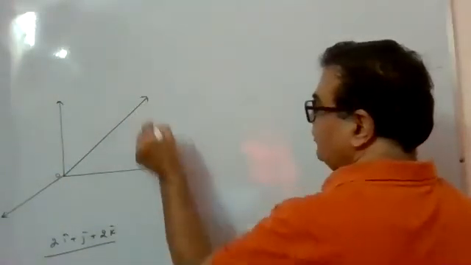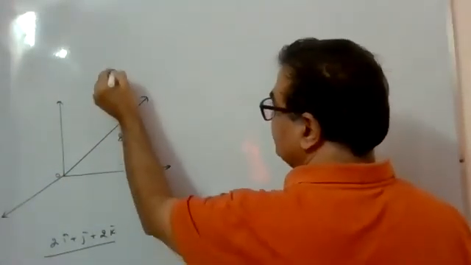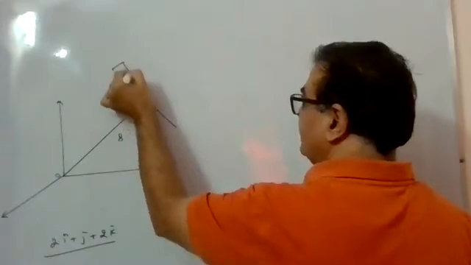This is the normal we have. How much is the distance? This is 8 and this is the plane we have.